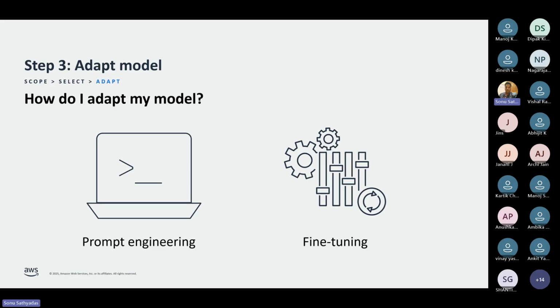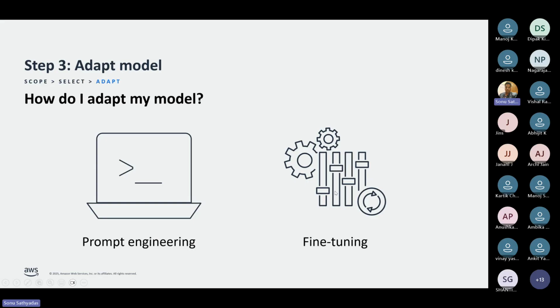In case you have to update the model with new data, then you have to fine tune the model. Suppose you have selected a pre-trained model, but some of the information you have to update, or you have to upgrade your model with some new data, then you have to use fine tuning.